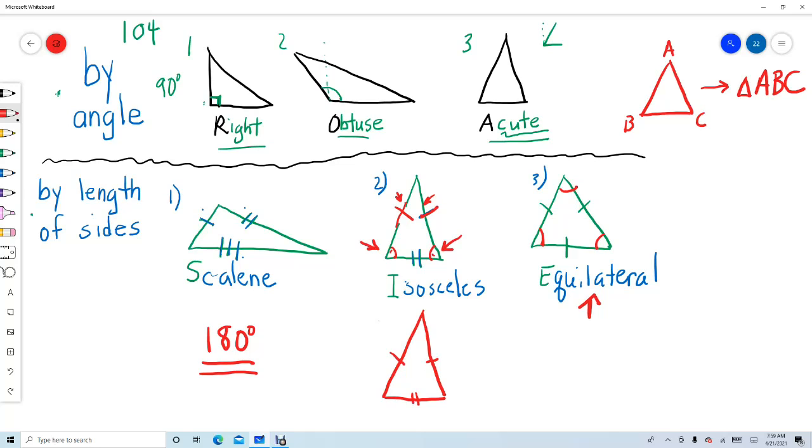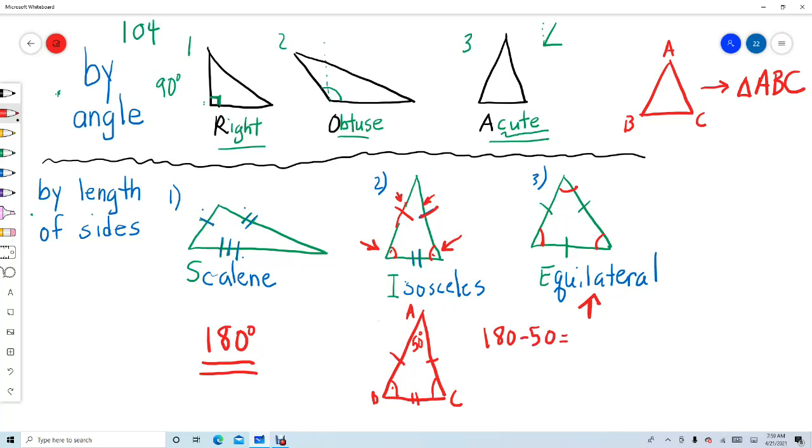So if you look at my red triangle below, and if they tell you, okay, this angle up here is 50 degrees, what are the angles, let's say they label it A, B, C. What are the measures of angles B and C? You know that they're equal. You know that the interior angles have to add up to 180.